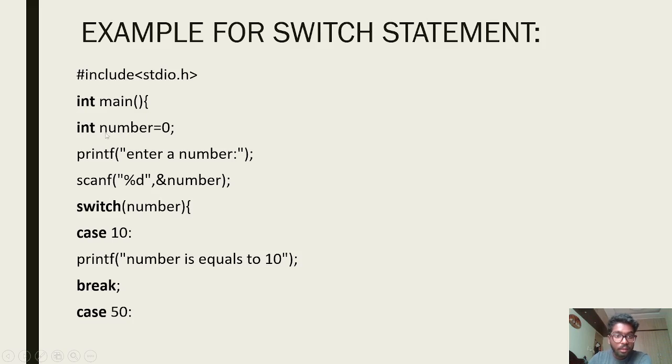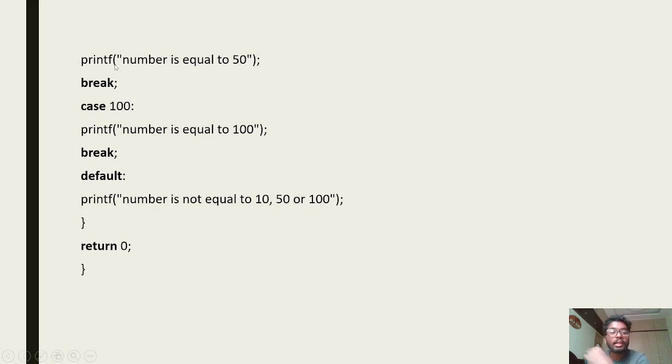If we enter a number, and if this number is equal to 10, print the number is equal to 10, or else we're going to break. And here we have case 50, print number is equal to 50, and case 100. If the given number is equal to 100, it will print the number is equal to 100. If none of these cases are true, it will come to the default statement, and it's going to print number is not equal to 10, 50 and 100.